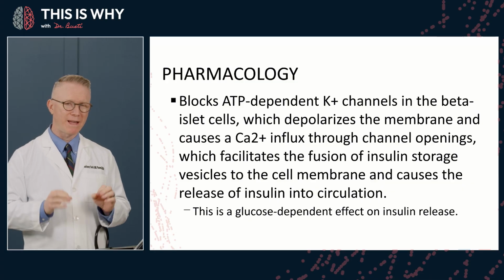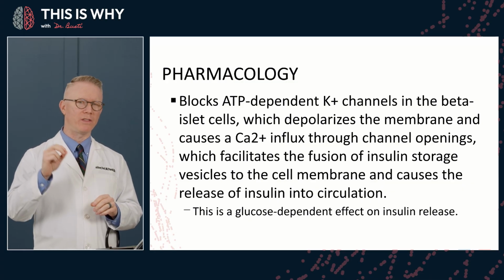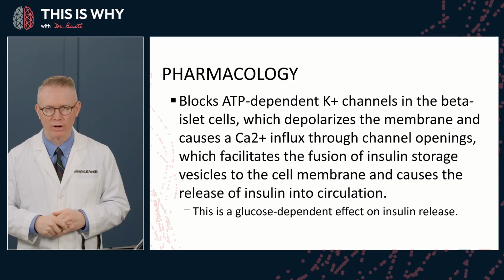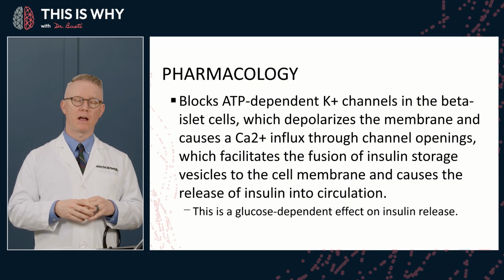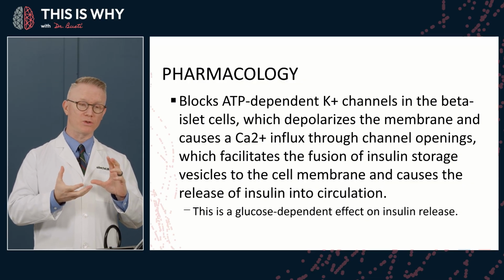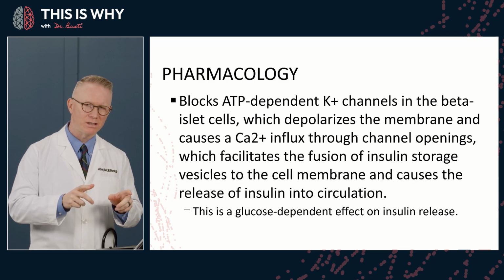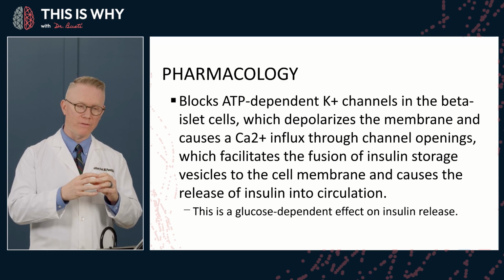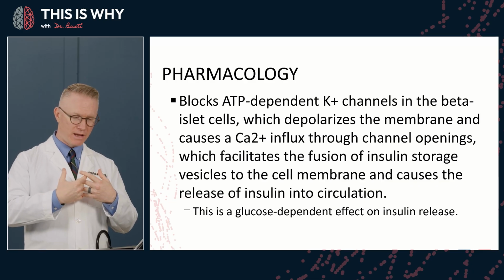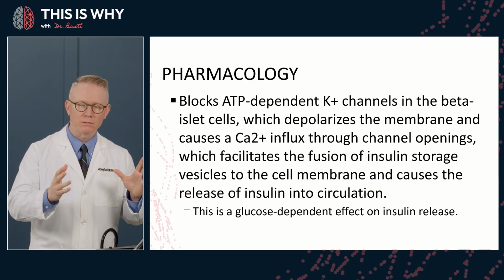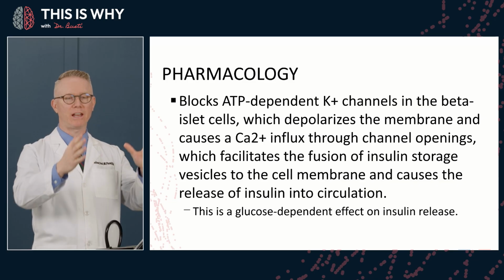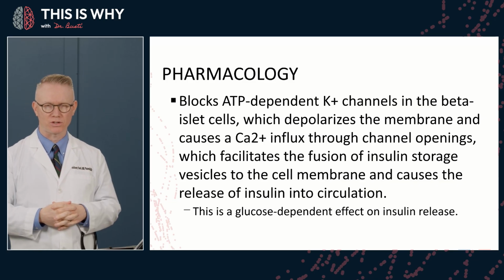All right, now we're going to dive into the mechanism of action and the pharmacology, and consider also some pharmacokinetics and pharmacodynamics. Mechanistically, these drugs work on the beta islet cells in the pancreas. They cause those cells to release the insulin held in its storage form in vesicles and dump it out. So basically, we're facilitating the release and secretion of insulin into circulation.